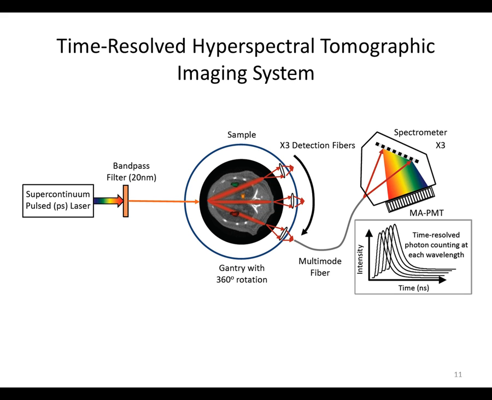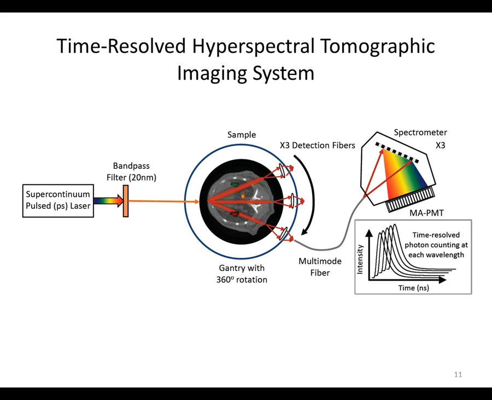Okay, so to acquire spectral and temporal fluorophore data, we are building an instrument like this. So very briefly, we have this pulsed laser. Our sample sits on this rotation stage here, and we have 3 detectors which are also on a rotation stage. So this allows us to collect light at several different locations, and then we rotate the sample so that we can cover it over 360 degrees.